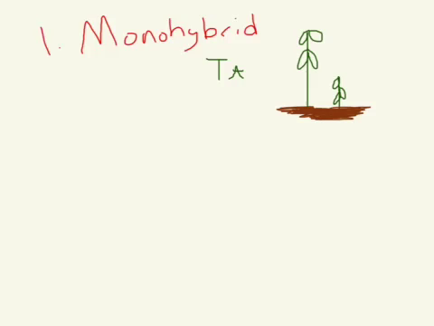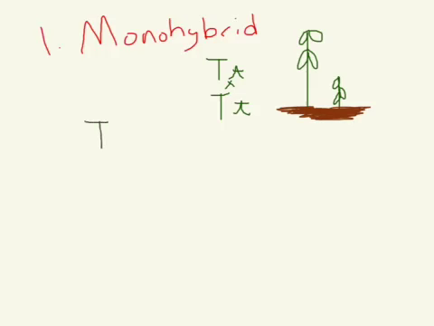For this, we're going to say that we have 2 heterozygous tall plants. So we defined our alleles as T, and that's the dominant. Our next step is defining the parents, which is our heterozygous tall plant with a heterozygous tall plant.